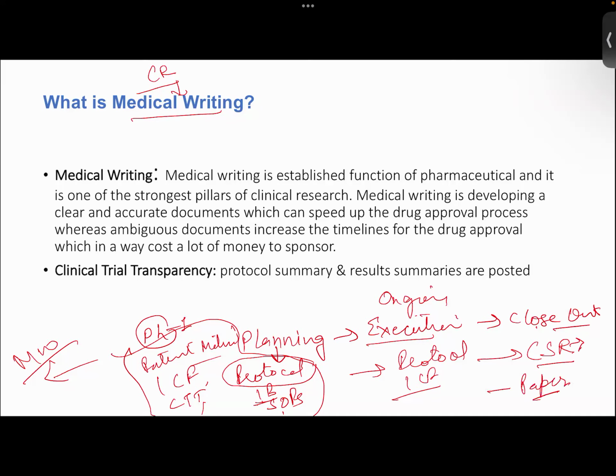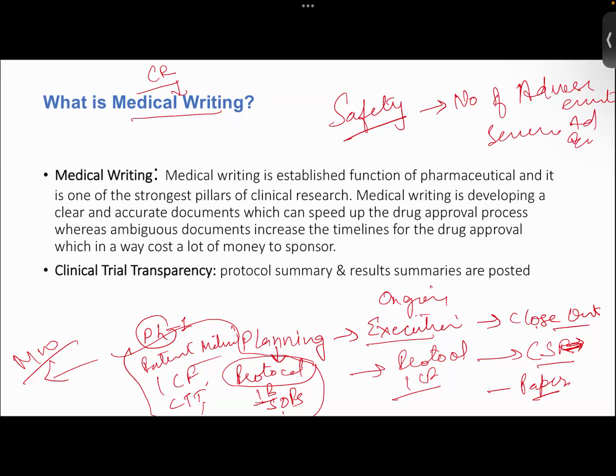And there is a big opportunity because we determine the safety in a clinical trial. How is safety determined? With the number of adverse events or serious adverse events. In one clinical trial, sometimes this number may be 1,000, 1,500, 2,000. That means a big number. For each adverse event or serious adverse event, you have to write a narrative which goes in a CSR.